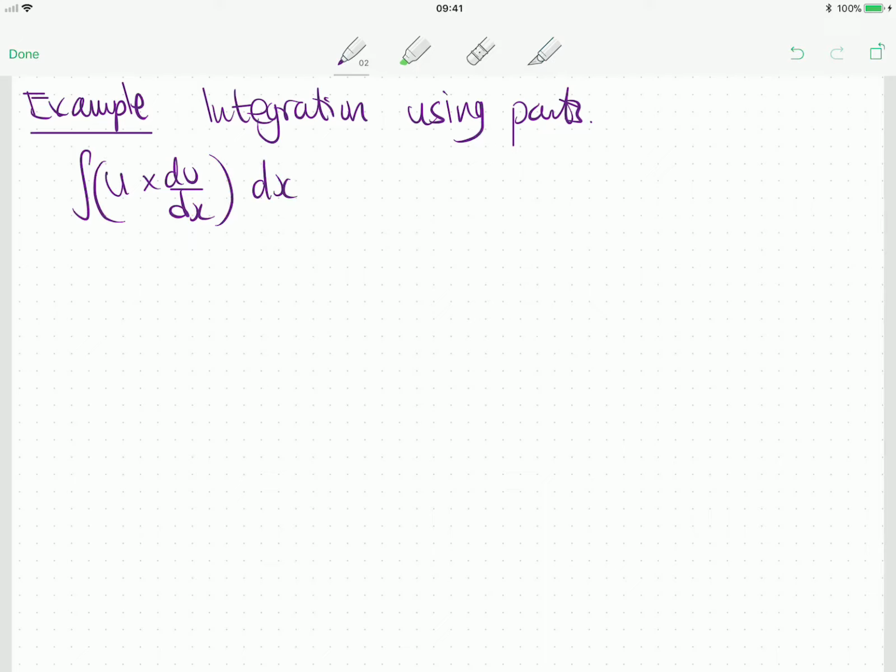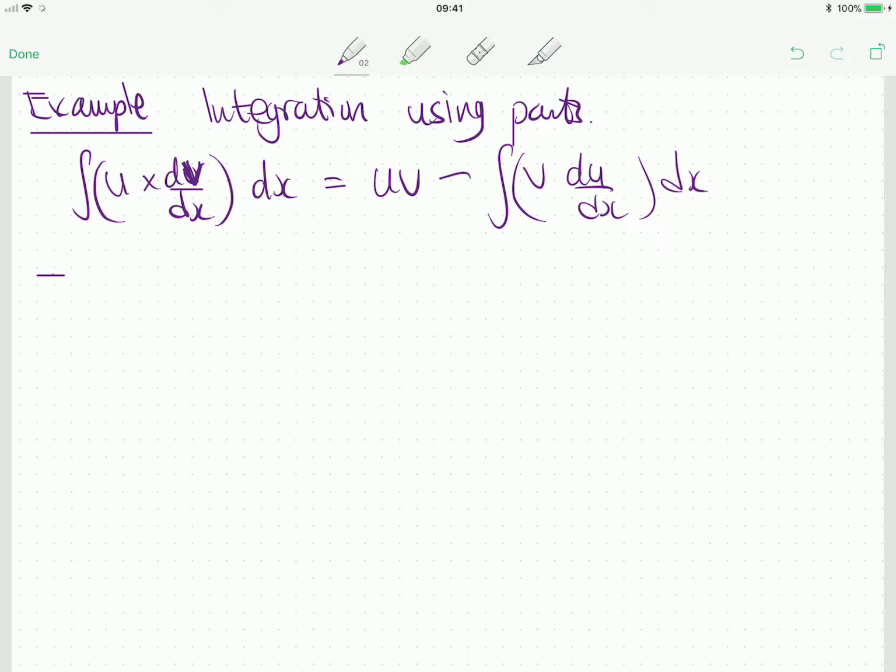If we integrate some product, u times dv dx, that's the same as uv minus the integral of v du dx with respect to x.